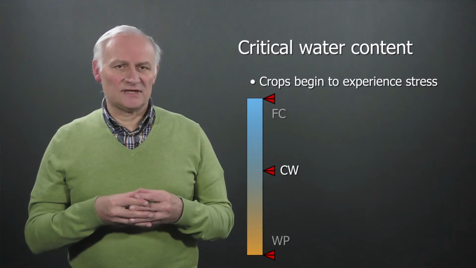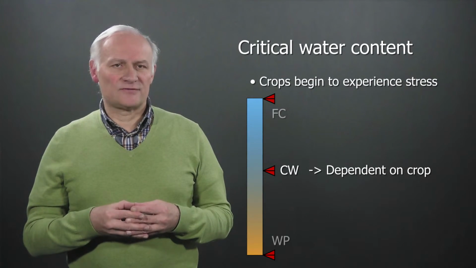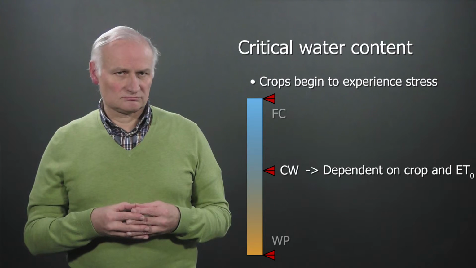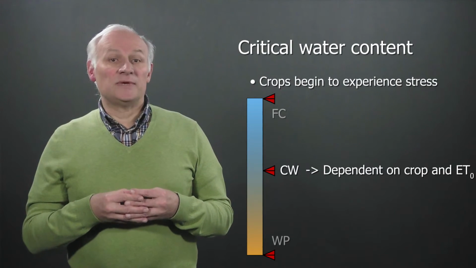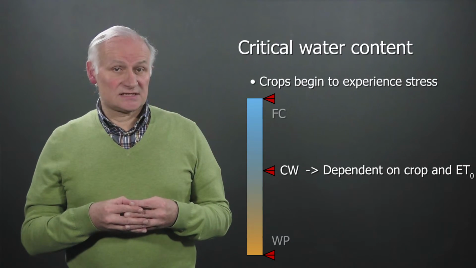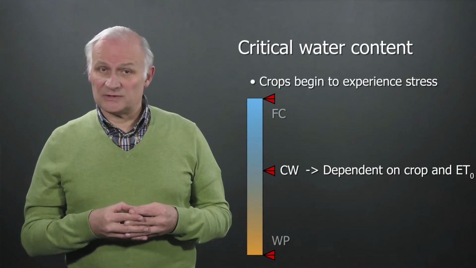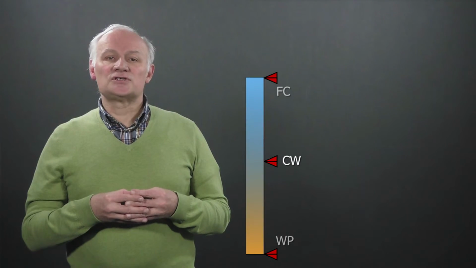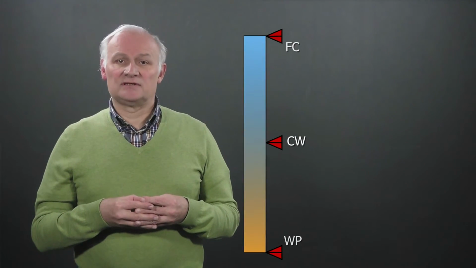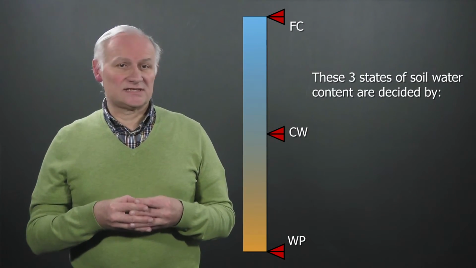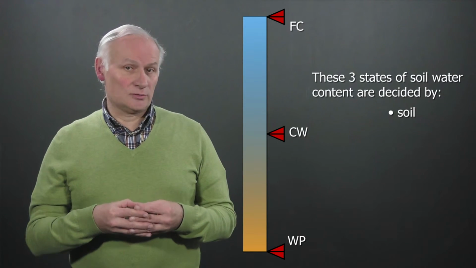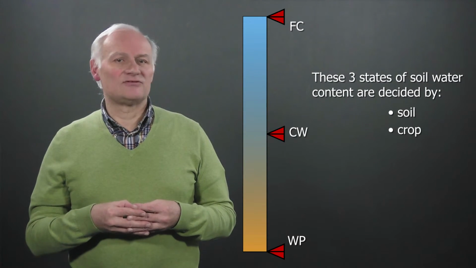You have more sensitive, less sensitive crops, and on the reference evapotranspiration. Depending on the growth stage of the plants, stress can stunt crop yield development. The first 3 states of soil water content we defined are decided by the soil, the crop, and the atmospheric characteristics.